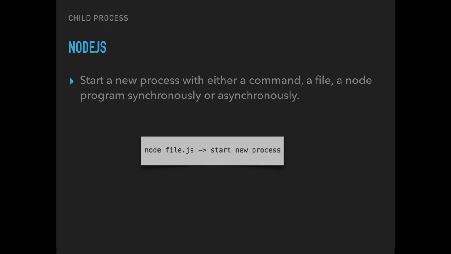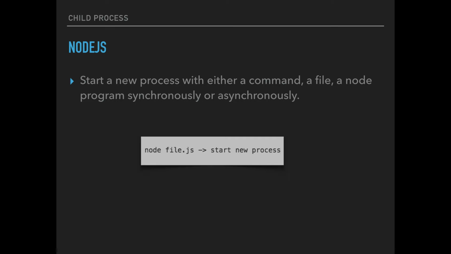You can start these new processes by calling specific programs that are already in your computer. You can do that by using a command, by using a file, or by using some node program that you have in some directory somewhere. And while calling the functions to start these new processes, you can provide arguments and options for these child processes to know where they're gonna run, what sort of resources are going to be available to them.